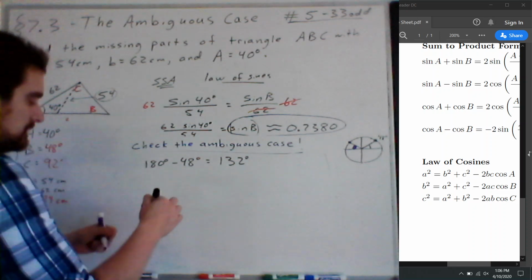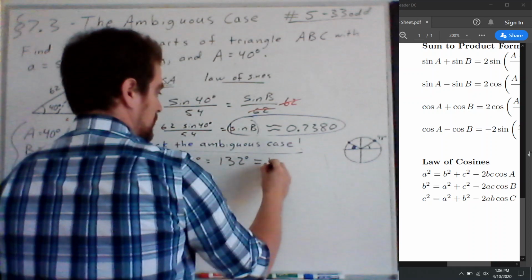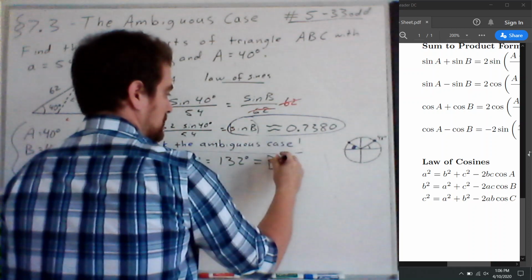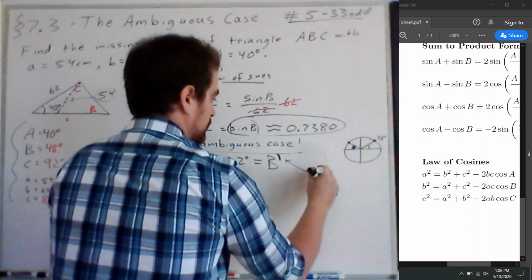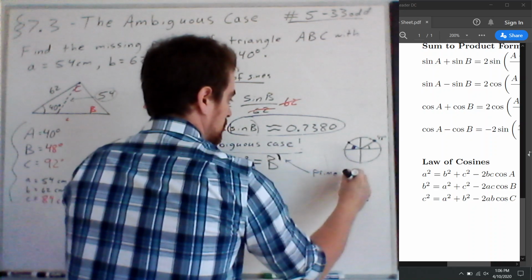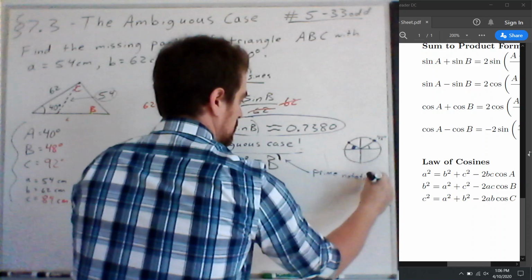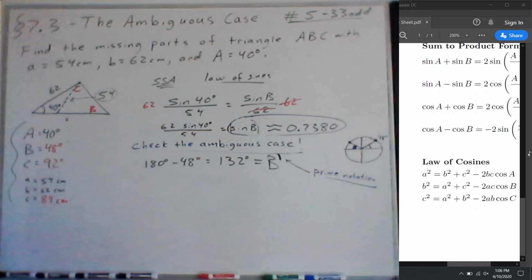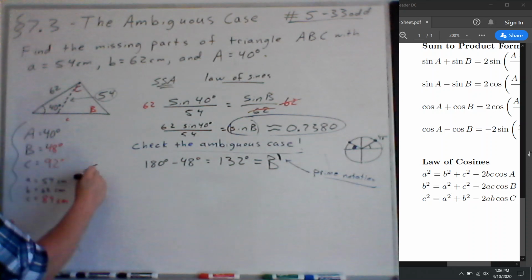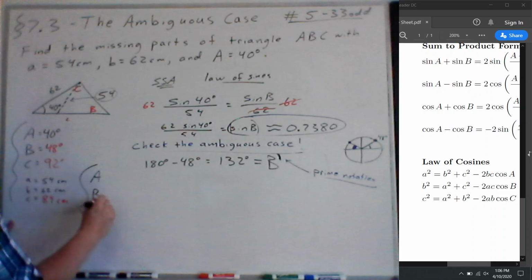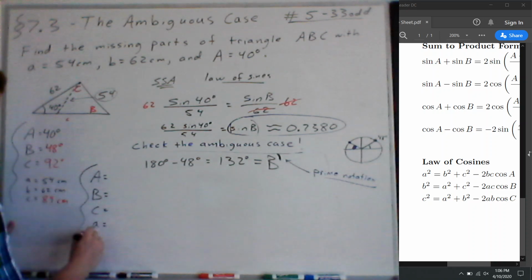So that means that this could be, well, the notation that we use is B prime. Right, so we call this the prime notation to denote the second possible case for this triangle. That means we could have this triangle, or we could be in a situation where what's given to us cannot change.